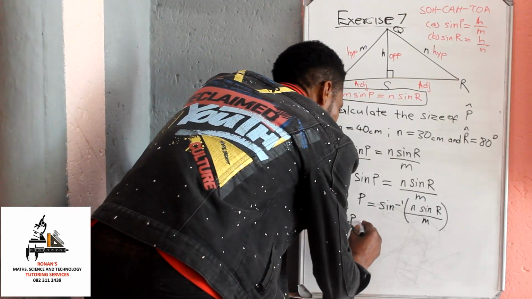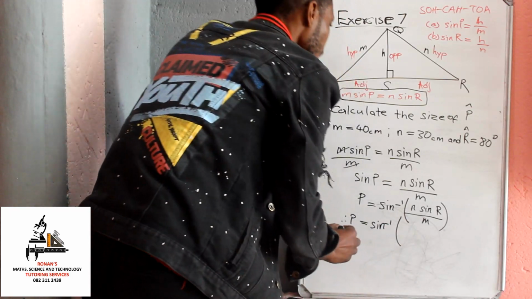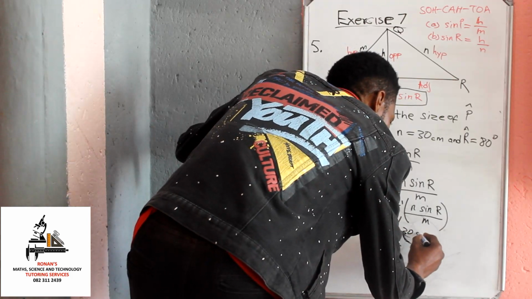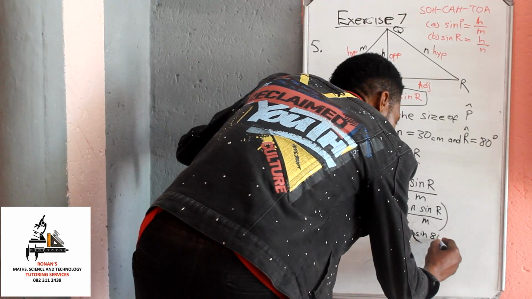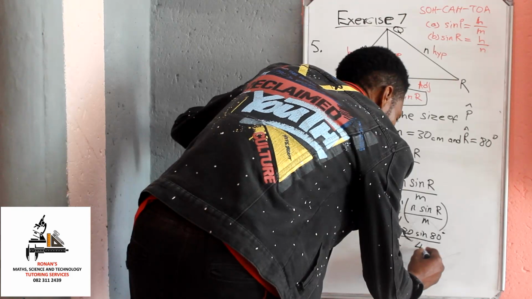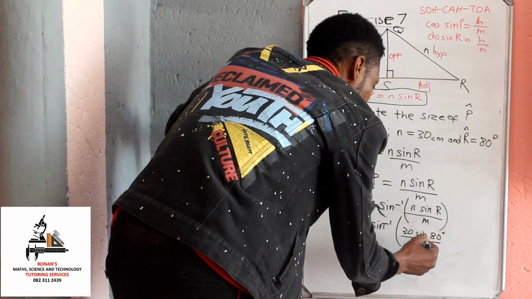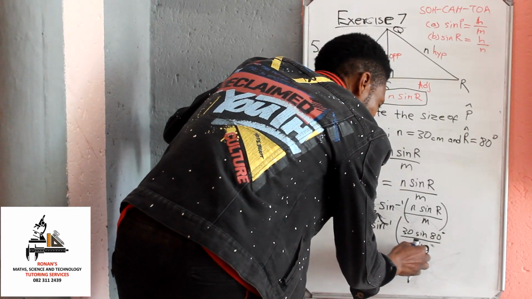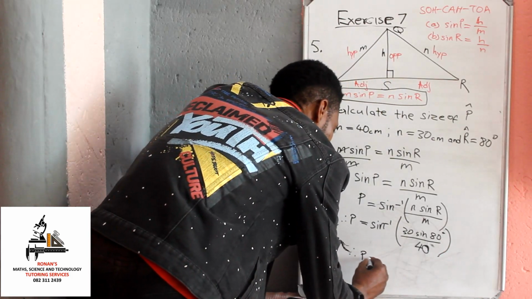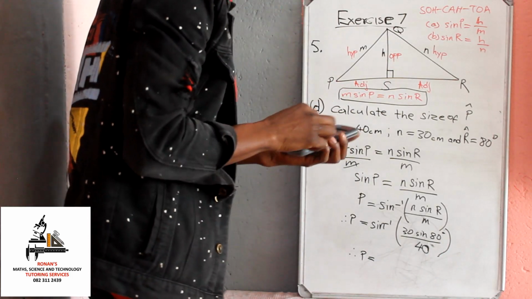Therefore P will be equal to arc sine, N being 30 centimeters, that's going to be 30 sin 80 degrees, all over M is 40, pardon me, it's not 40 degrees, it's 40 centimeters.